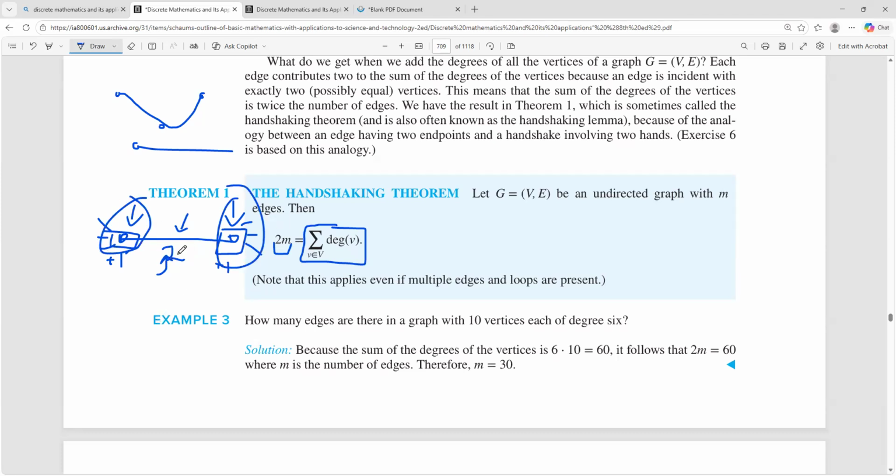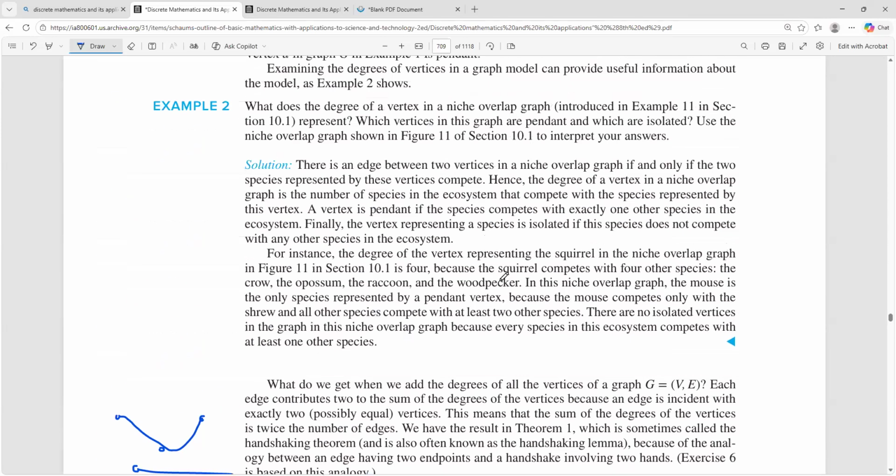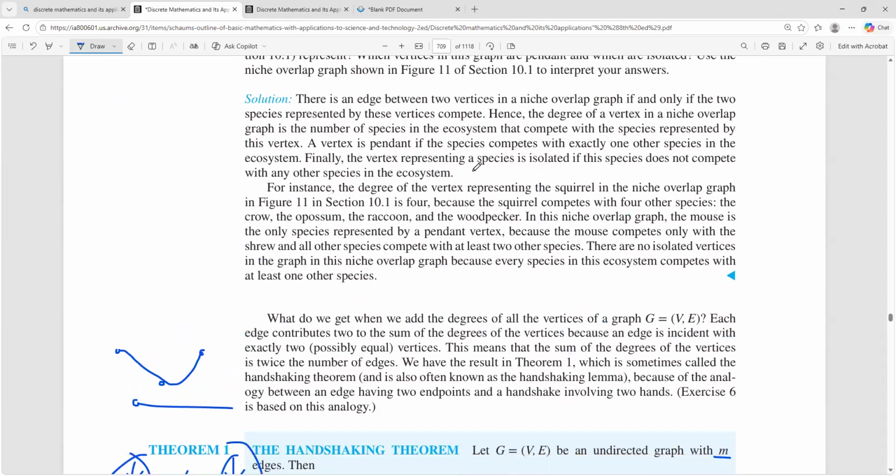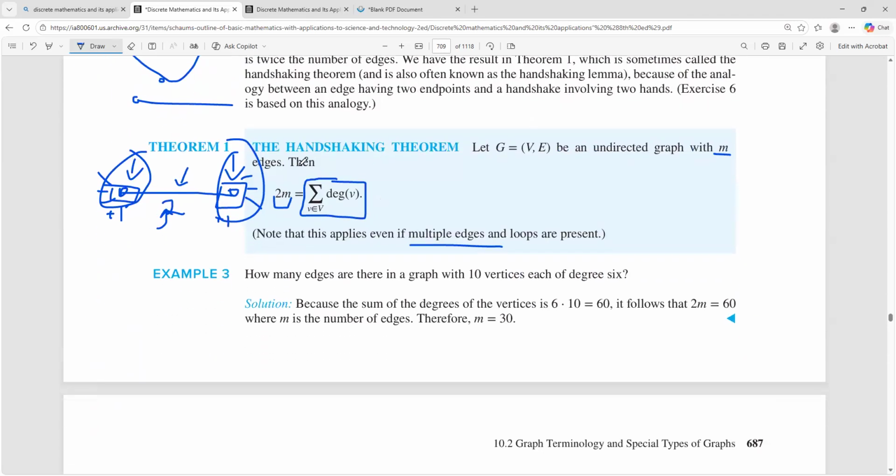That's why if we take the total number of edges, and this works even with multiple edges or loops, because every edge needs to connect two vertices. And this is also a key reason why the degree of a loop is 2: you add +2, it contributes twice. So if I take the total number of edges and multiply by 2, that is equal to the sum of all the degrees in G.